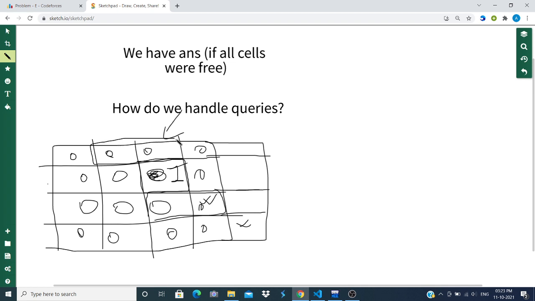So I also need to manually remove this value or add this value depending on whether I am making it 0 or 1. So we also need to take care of these things, right? Actually it's a bit complicated question, right? And so we also need to keep on updating that.